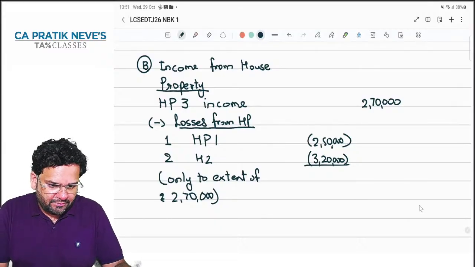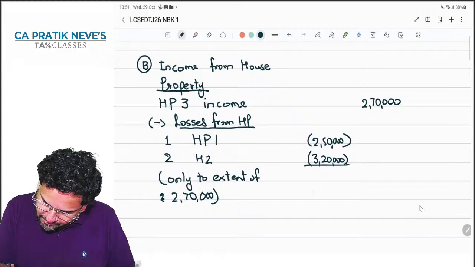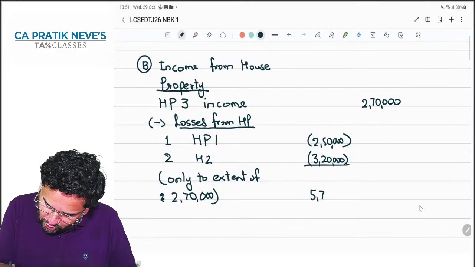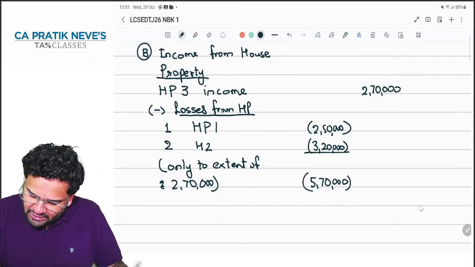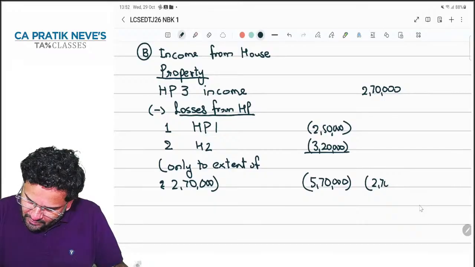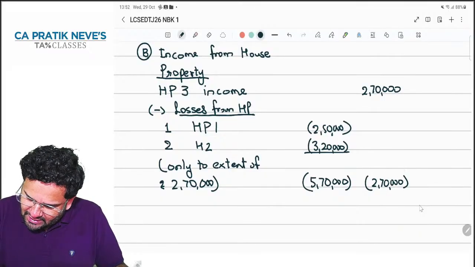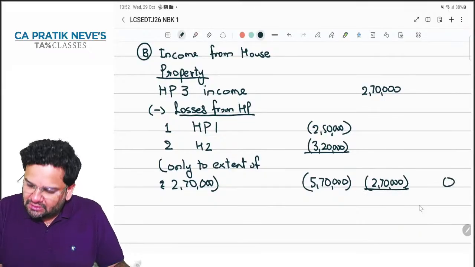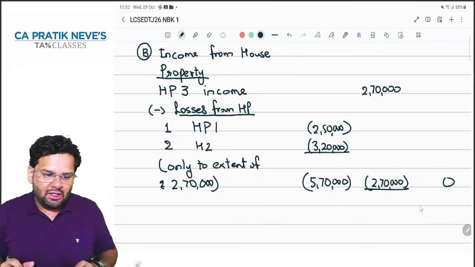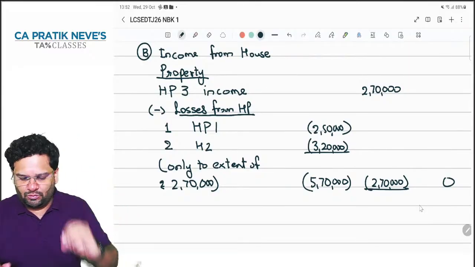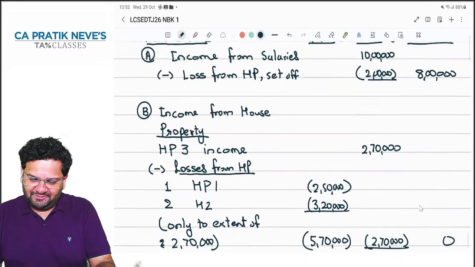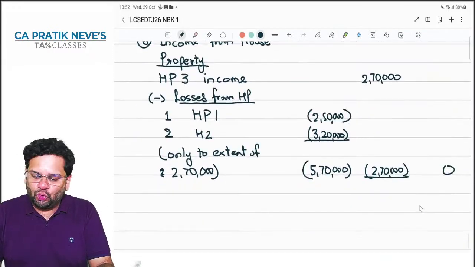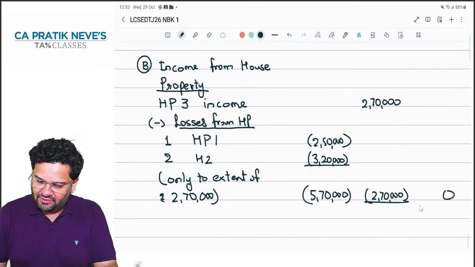Total was actually 570, but we needed only 270, so we have taken only 270. We have done 270 minus 270, and in the third column our income from house property is 0. Shall we go ahead? We'll write a note afterwards.